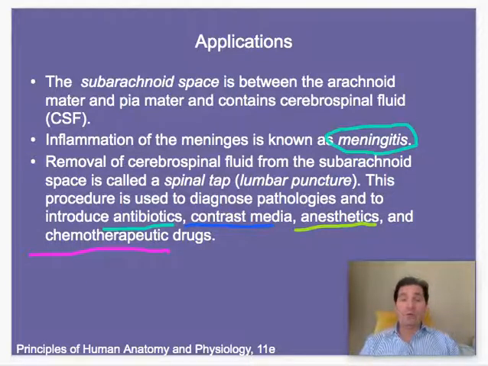And we also look at it when we have that spinal tap. A lot of times we look if there's pressure. Most of the time it's a very gentle ooze pressure, so it's not that much.